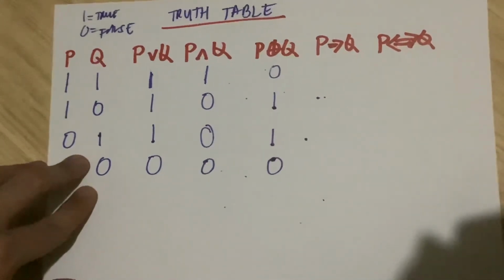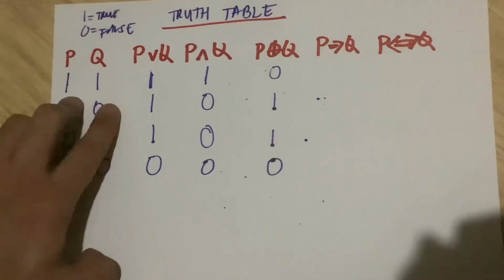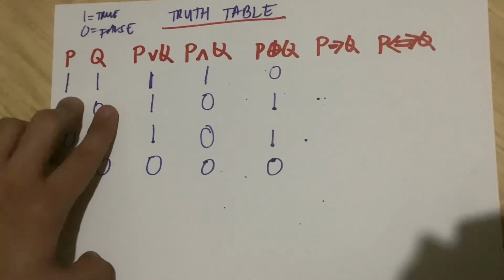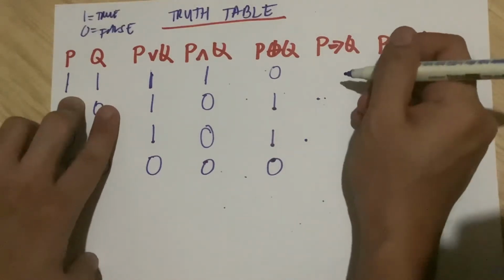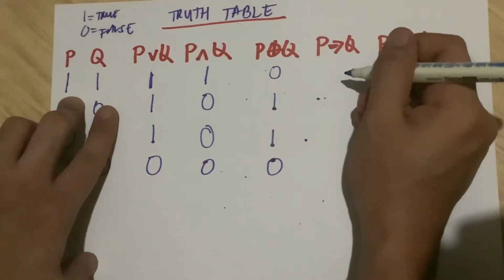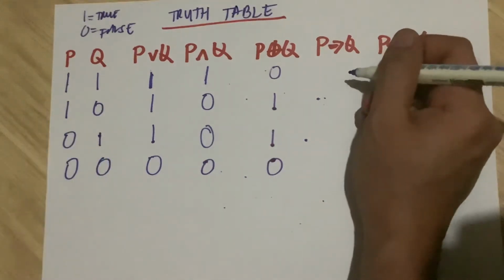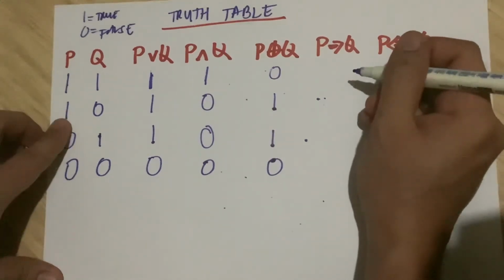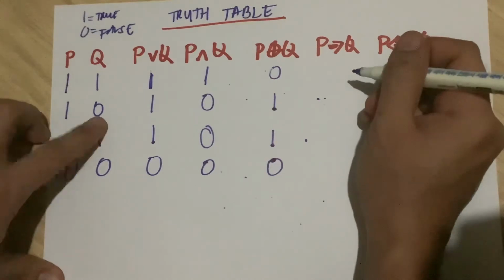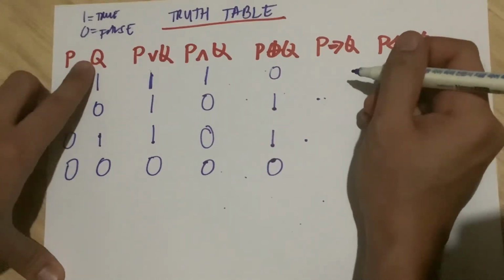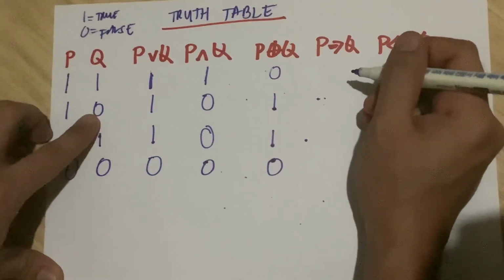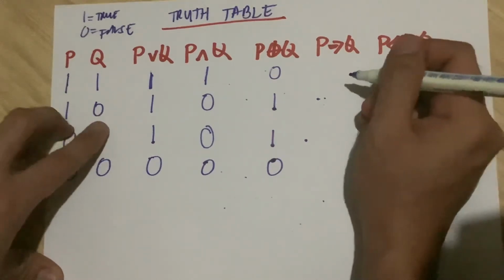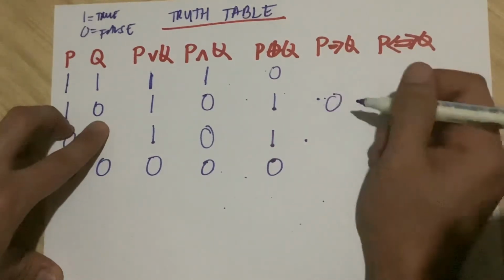Let's have the implication part. Okay. For the implication, when is the time that you're going to have a value of false? Remember, if you have your P as your premise, and the Q, the conclusion, is false, that's the time you will have a value of false under the implication.